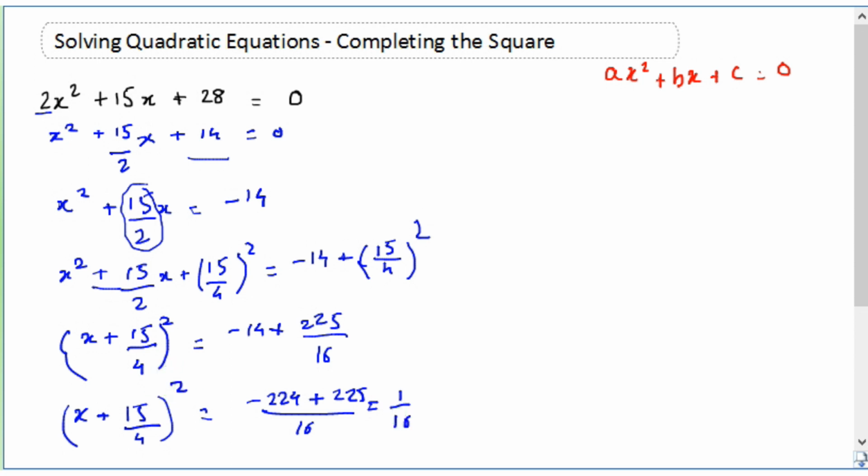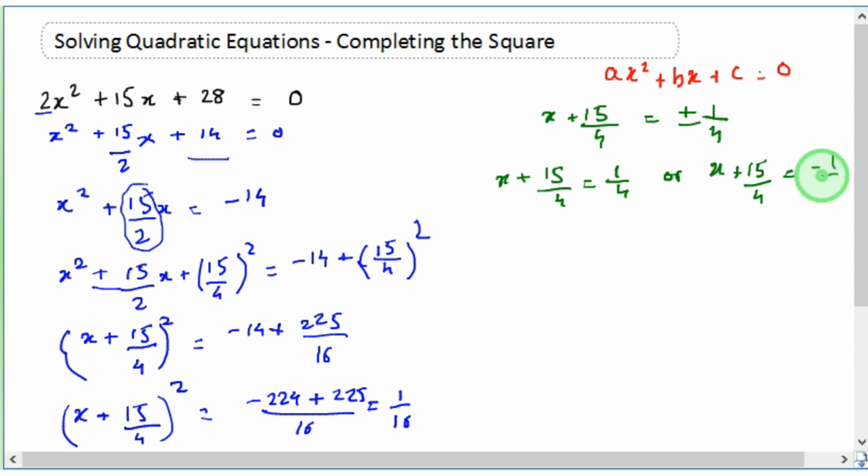So taking the square root of both the sides, x plus 15 over 4 should give us either plus 1 over 4, or it could be minus 1 upon 4. So again, splitting it into two parts, we get x plus 15 over 4 is equal to 1 over 4, or x plus 15 over 4 should give us negative 1 over 4.